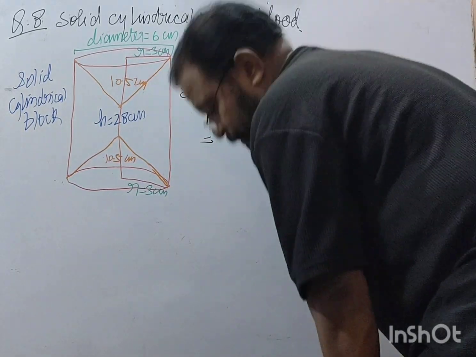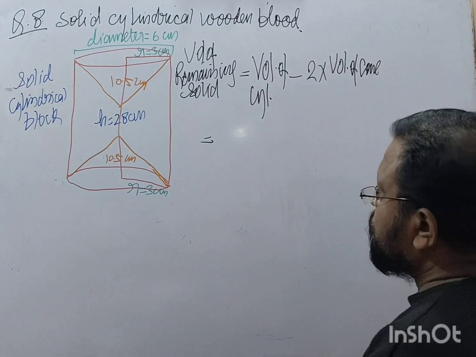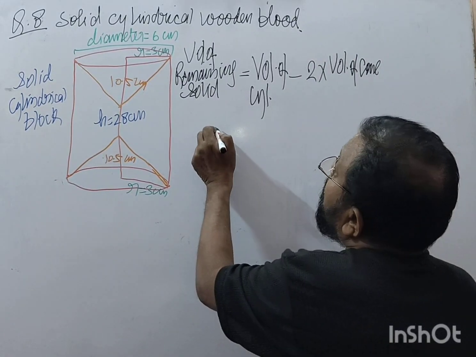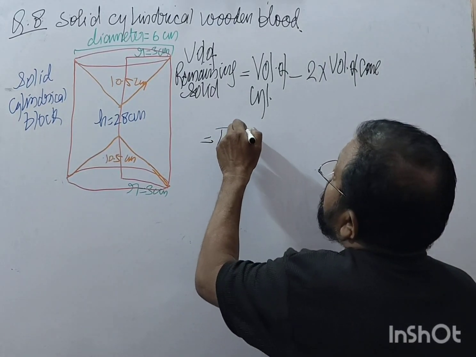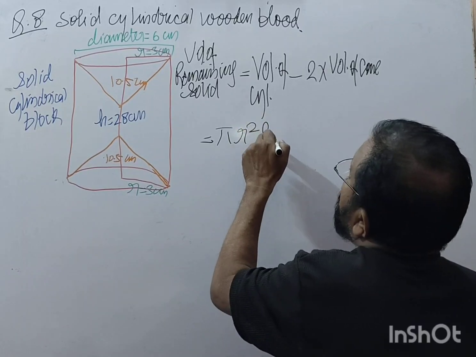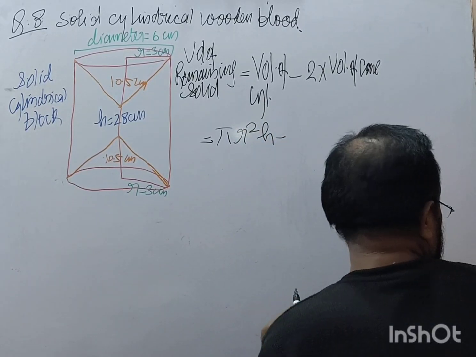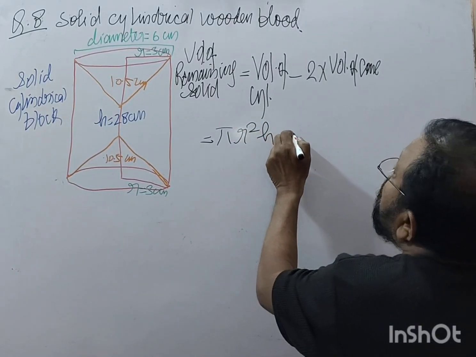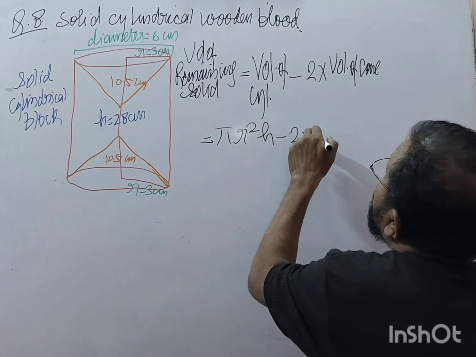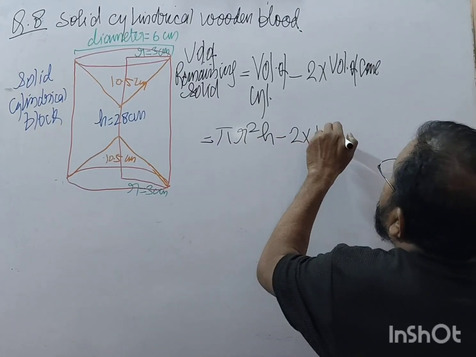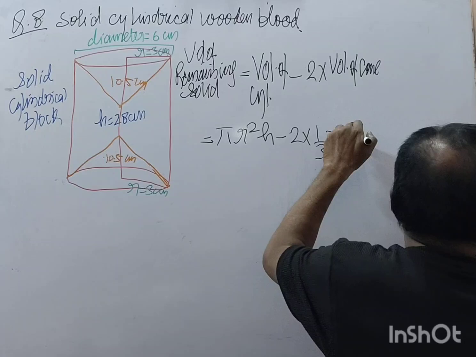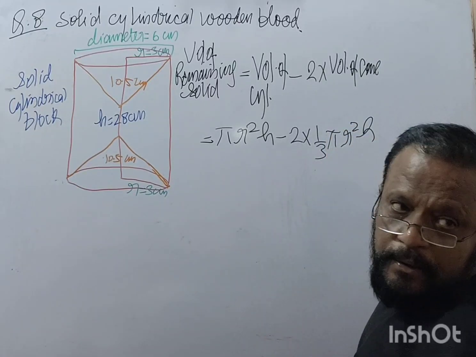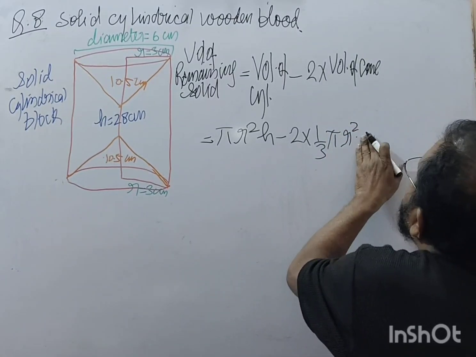So volume of cylinder is pi r square h minus 2 into 1 upon 3 into pi r square h.